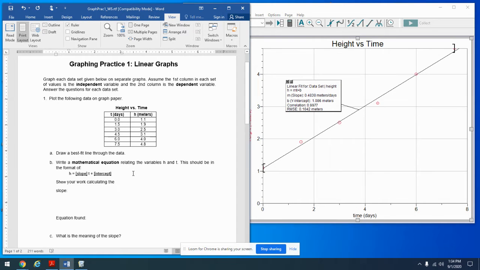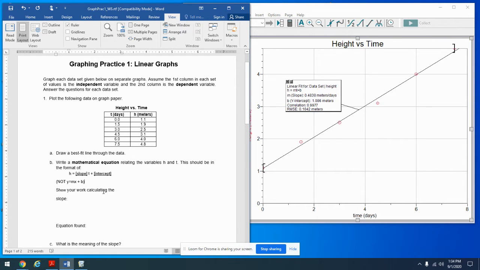Let me just put a little note here, not y equals mx plus b. I mean, you could be thinking about y equals mx plus b. That's totally fine. That's awesome because that's kind of what we're doing. But none of these things will be named y, m, x, or b.